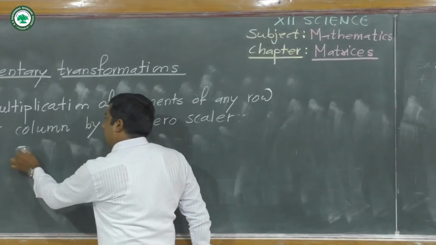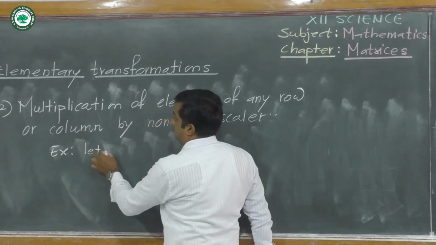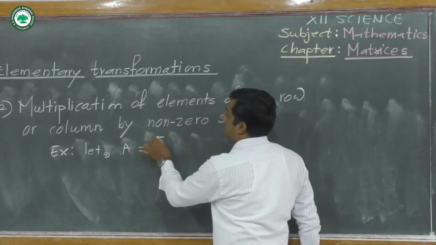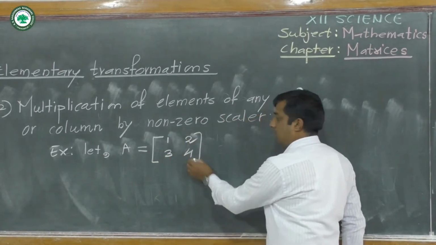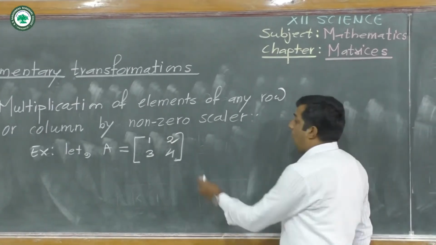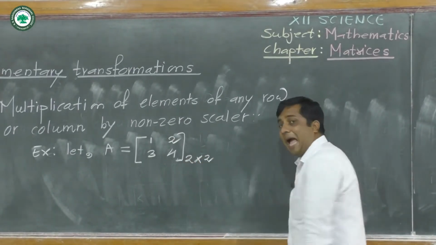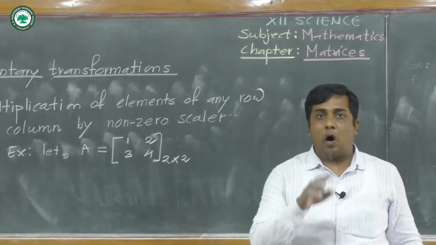Example, let A is the given matrix and is having 1, 2, 3, 4. This matrix is having order 2 by 2, that is having 2 rows and 2 columns.